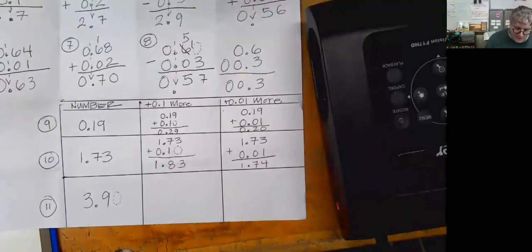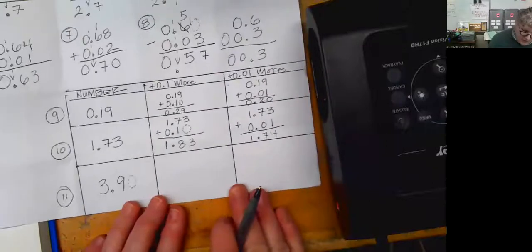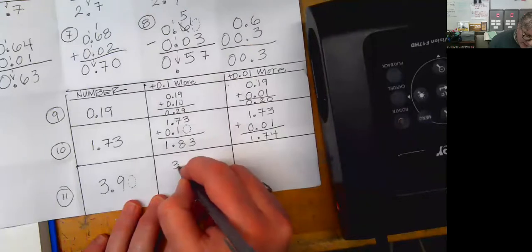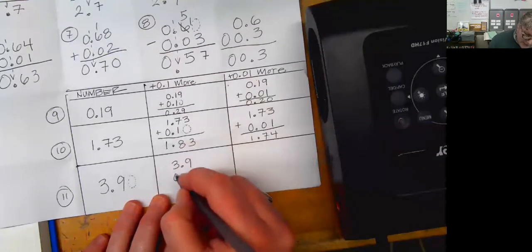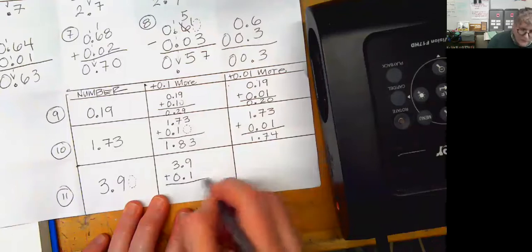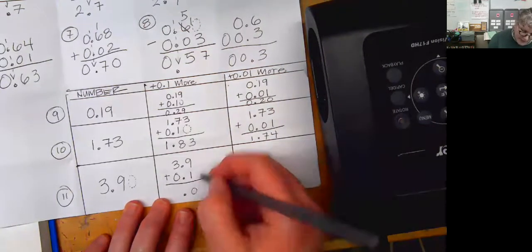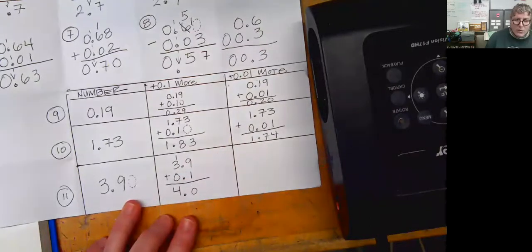Now this guy's going to be, you might need to use this little friendly invisible ghost 0, right? So if I have 3 9/10, and I'm adding this, then I don't need the invisible 0, right? I've lined these up. I get 4, whole number 4.